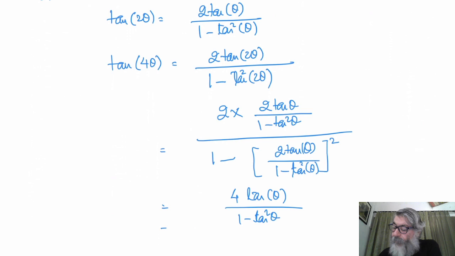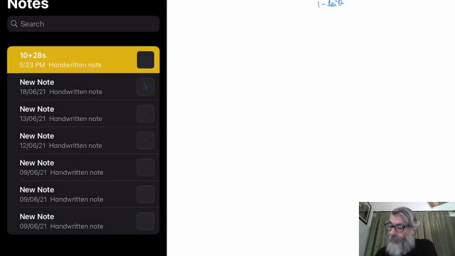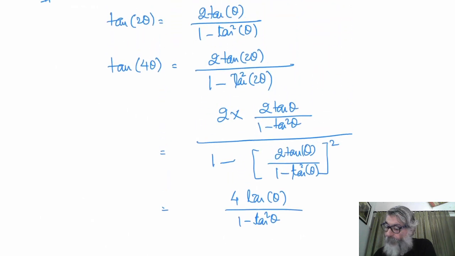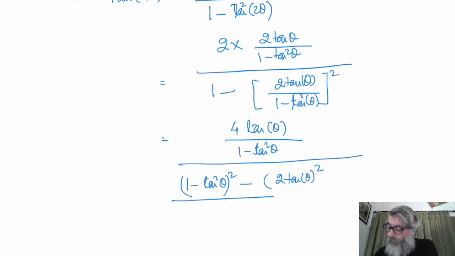In the denominator, I will have 1 minus tan square theta whole square minus 2 tan theta whole square, upon 1 minus tan square theta whole square. This is just calculation.